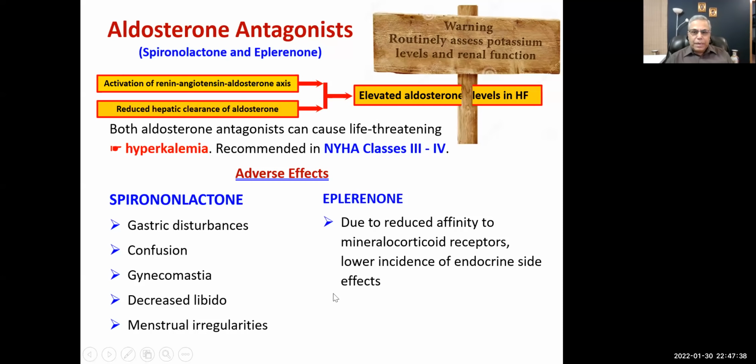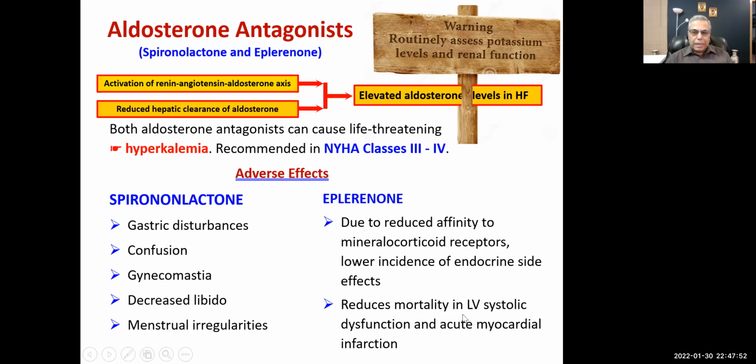Eplerenone, due to reduced affinity to mineralocorticoid receptors, has a lower incidence of endocrine side effects like gynecomastia and the other effects, okay? It reduces mortality in left ventricular systolic dysfunction and acute myocardial infarction.